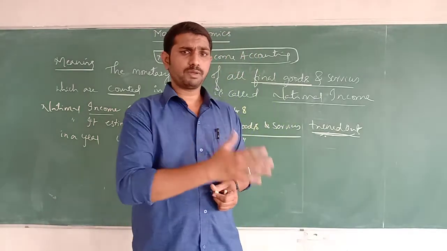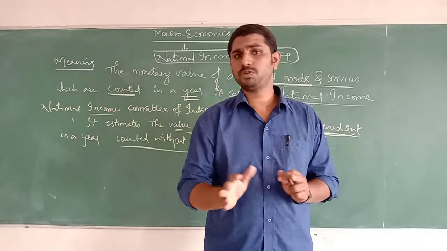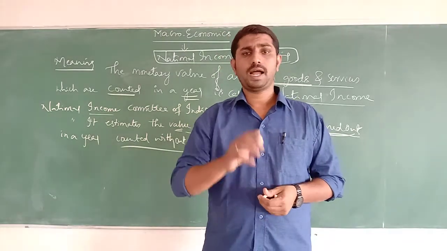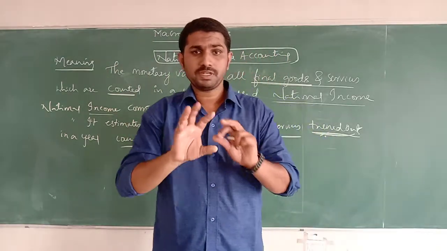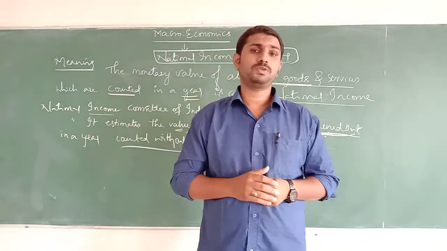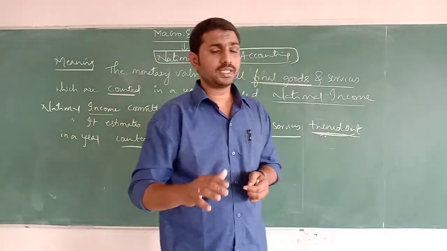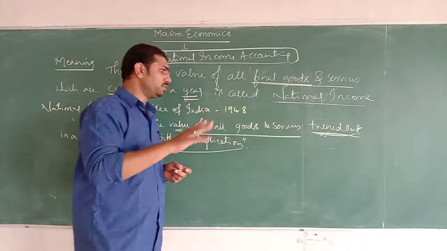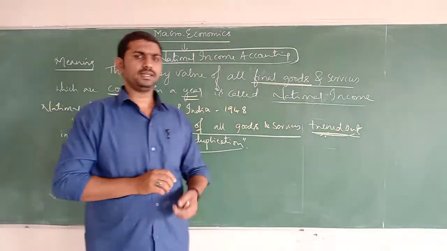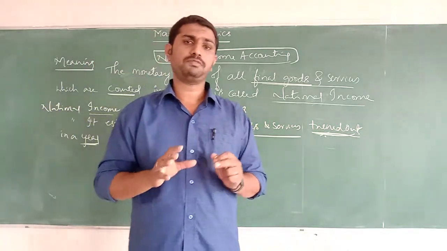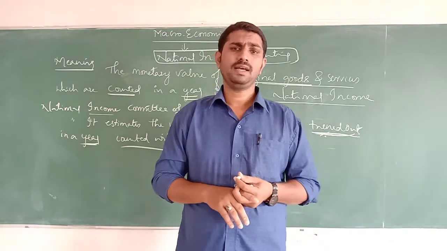For every producer it is an output, and again it becomes an input for other producers, and those goods will not be considered in national income. Only the final good, marketed at a particular price and turned out during a year, is taken into consideration. Considering the monetary value of all those final goods turned out in a year, counted without any duplication, that is called national income.